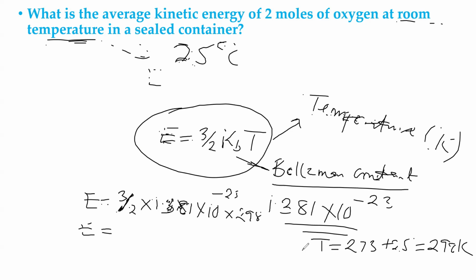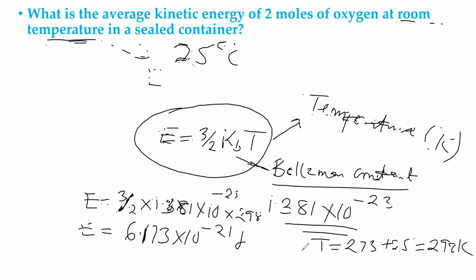After we use our calculator, the final answer here is going to be 6.173 times 10 raised to the power of minus 21 joule.